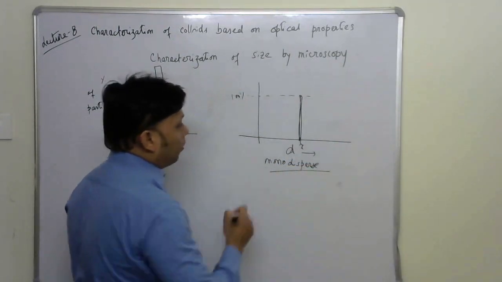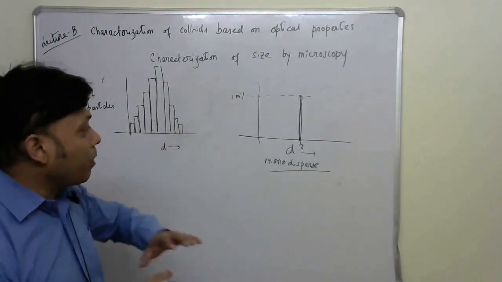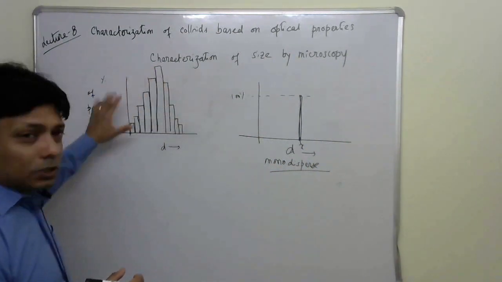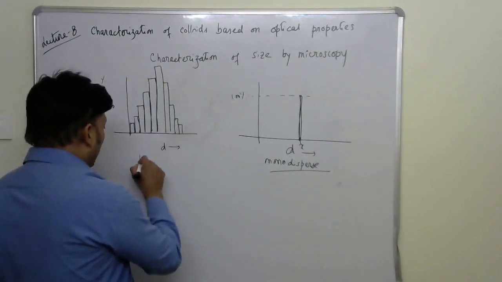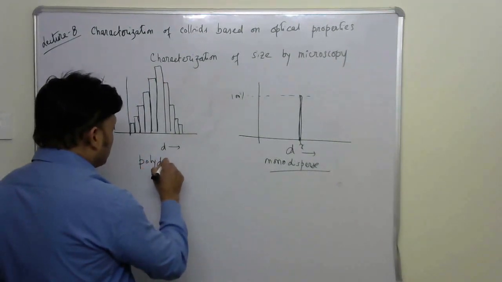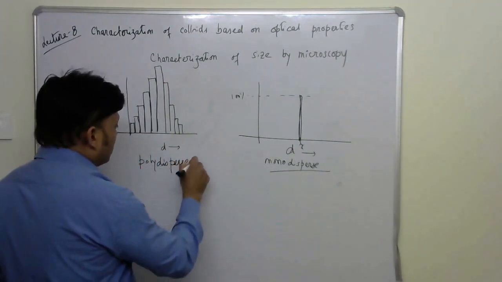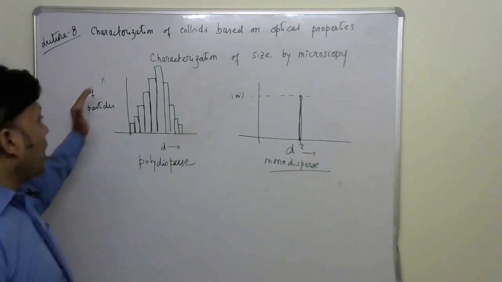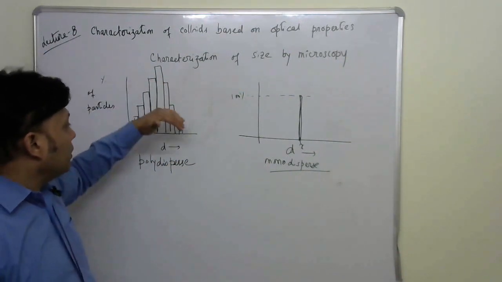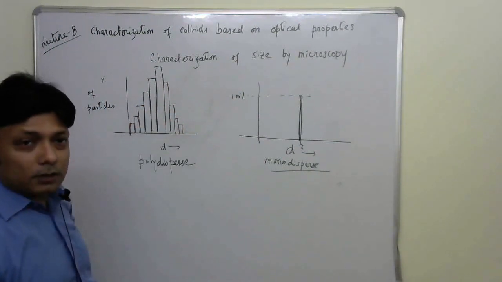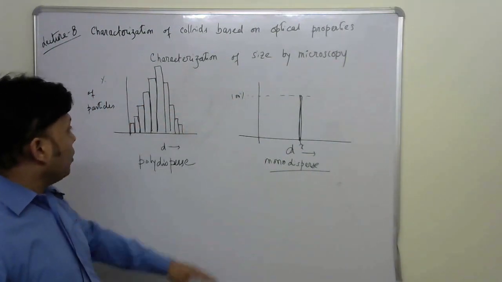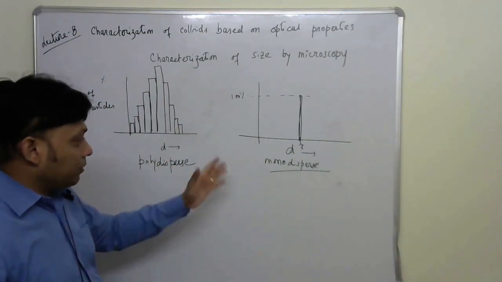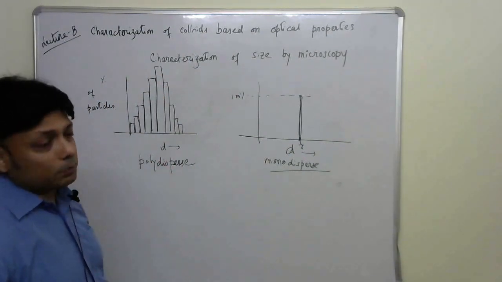That means all the particles are of the same size, so there is no particle size distribution. And whenever we get a situation like this, we call the particles polydisperse. That means different particles have different sizes, and we have a distribution of sizes. Overall this is called dispersity. Dispersity can be of two types: either monodisperse or polydisperse.